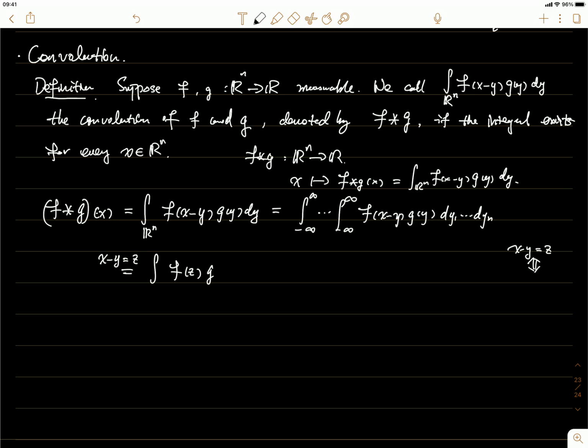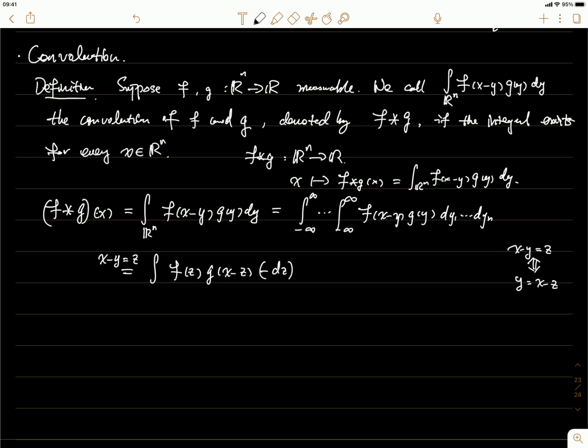So I can replace the y with x minus z, and then dy becomes minus dz because x is fixed. So we have the negative dz right here, right?